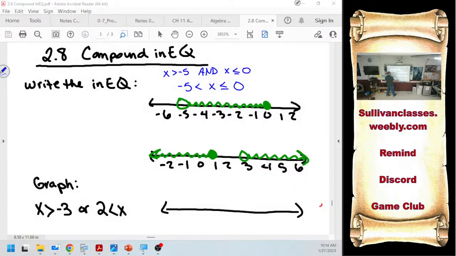Okay. Here I have x is less than or equal to 1 or x is greater than 3. I got that one. That one I didn't get. I get 2 on.